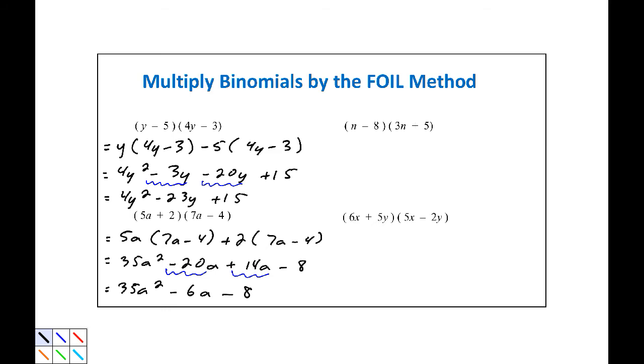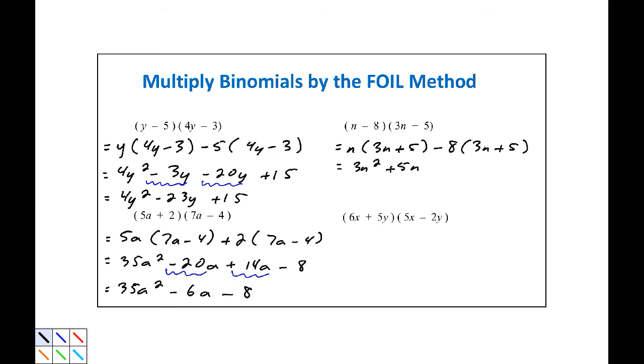The next example, I have the quantity n minus 8 multiplied by the quantity 3n plus 5. Again, I would write this as n multiplied by 3n plus 5 minus 8 multiplied by 3n plus 5 altogether. Distributing the n on the first term would result in 3n squared plus 5n.